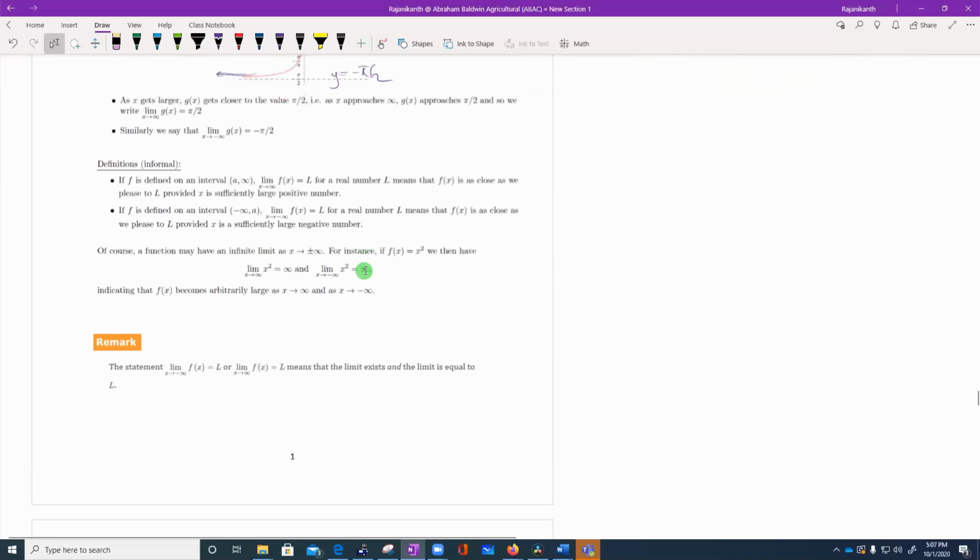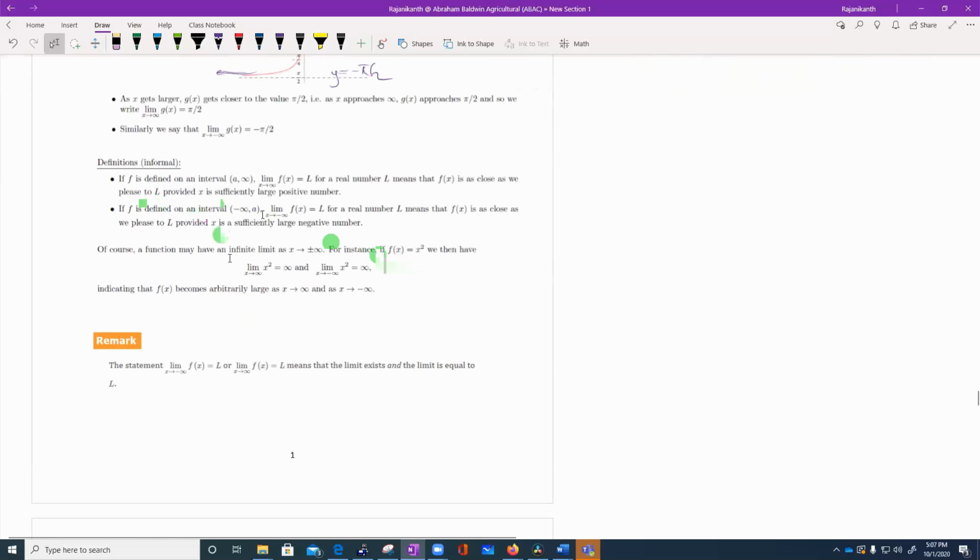Okay, so these are just the explanations and informal definitions. Like earlier, you could go back and check your chapters 1 and 2, where we had two definitions of limit, informal and formal. In a similar way, here also you have two versions of the definitions, informal and formal.